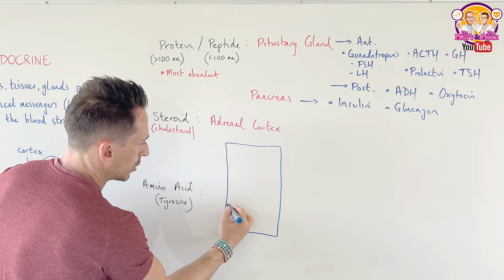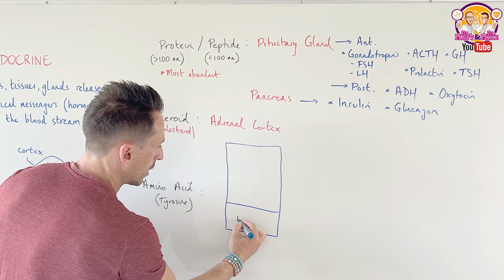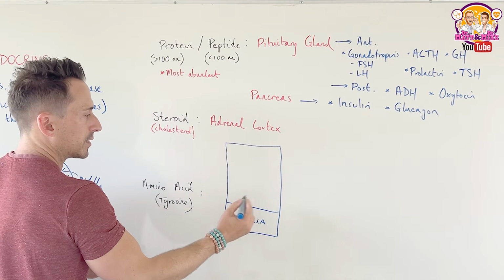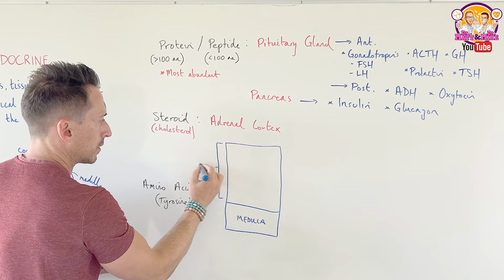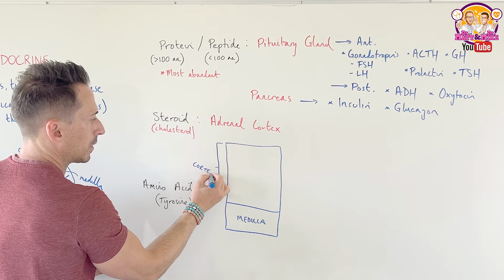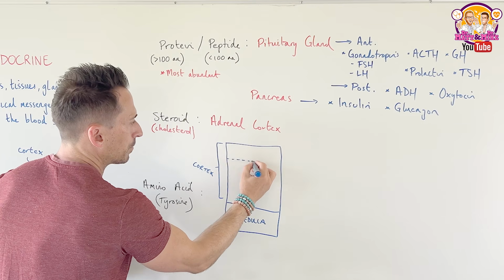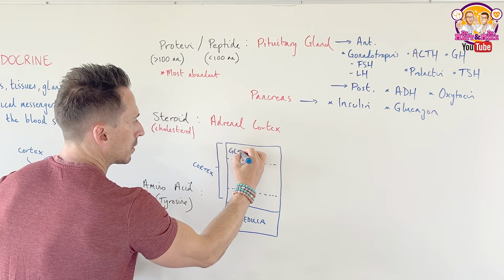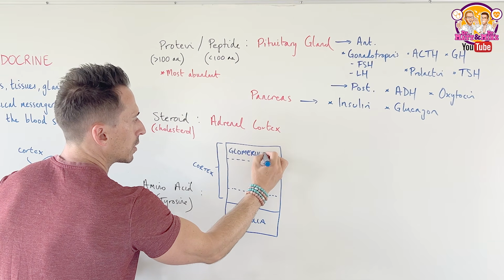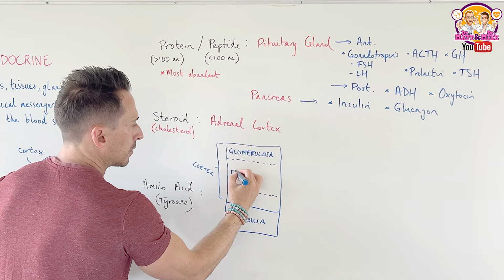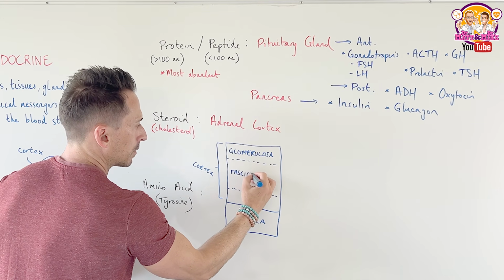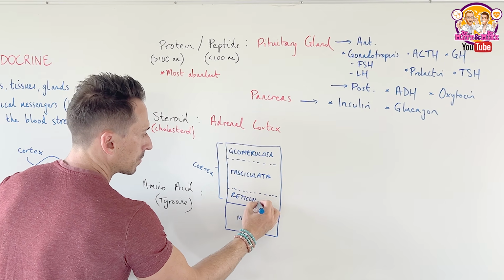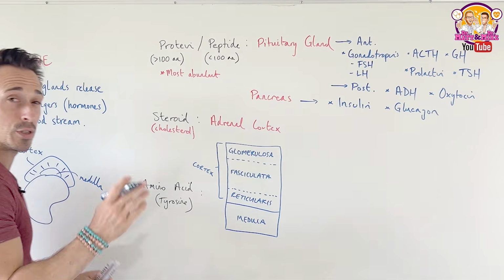What you're going to find is this. You're going to have the medulla here. So there's the medulla, and then you're going to have the cortex here. So I'll write it like this. There's the cortex. Now the cortex has three major layers associated with it. We've got the zona glomerulosa, the zona fasciculata, and the zona reticularis, and they produce different hormones.